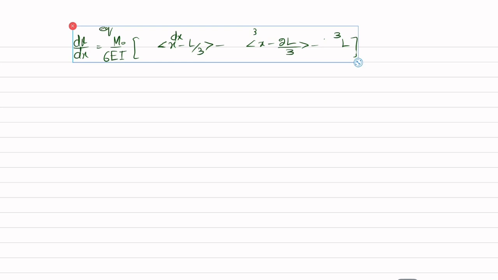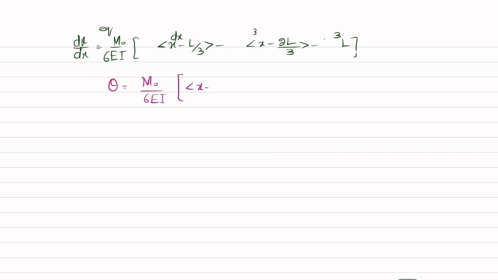So you will get this dV over dx is equal to slope, and that is equal to m naught over 6EI into 6 into x minus L by 3 minus 6 into x minus 2L by 3 minus L. Here is 6.